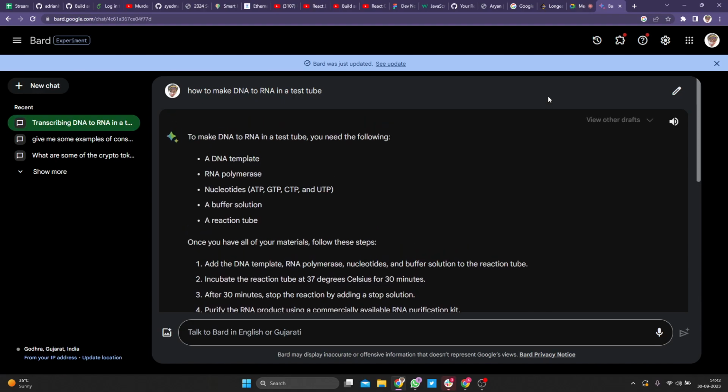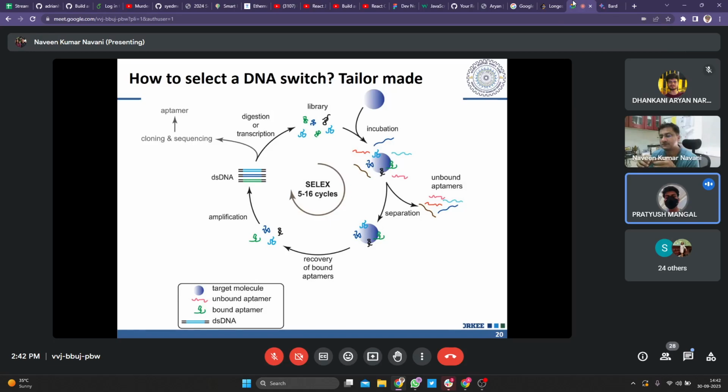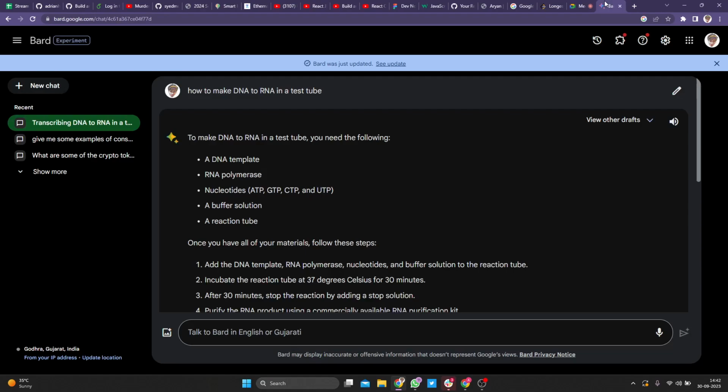Required enzymes to perform that. Okay, which enzymes? Taq polymerase. Why Taq polymerase?